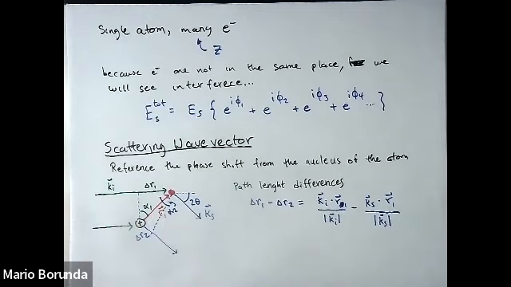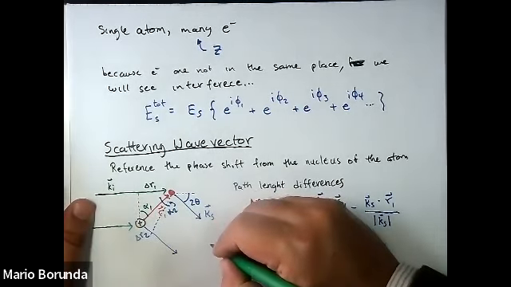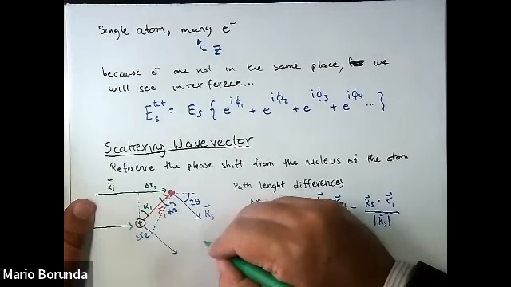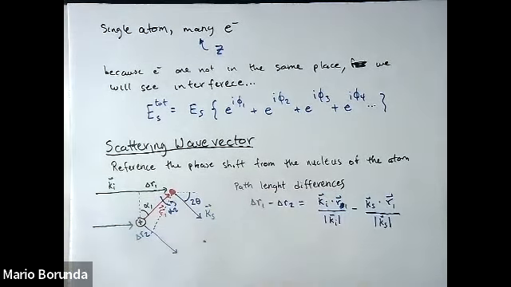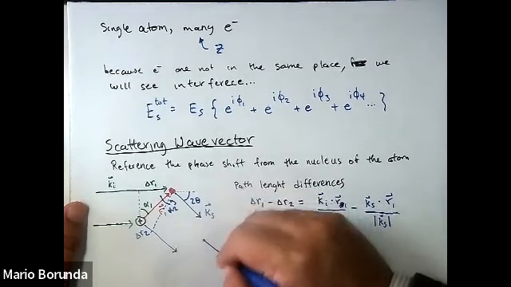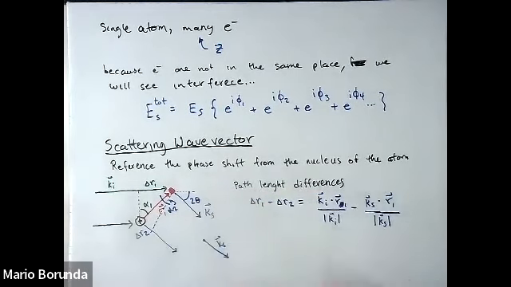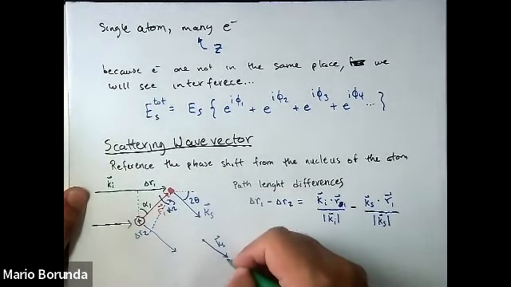So what I can do is draw from this point right here. This is my scatter wave vector. It goes like this. So this is Ks. And then I can subtract Ki. So Ki is this vector going in this direction.